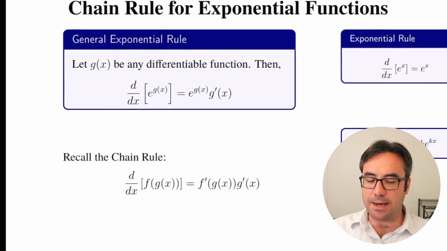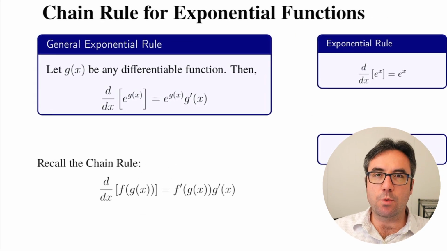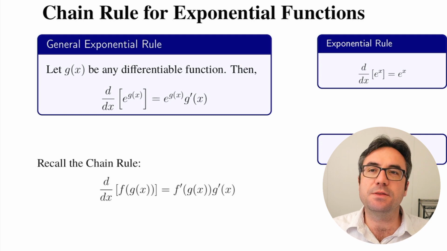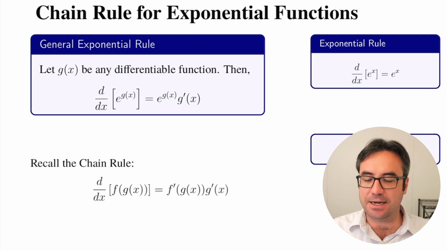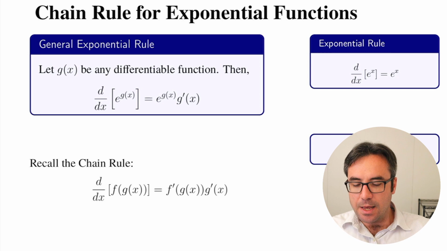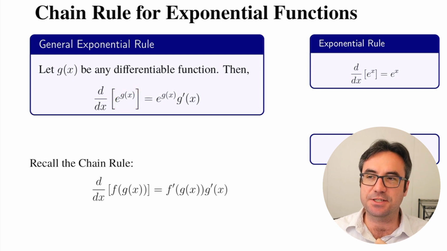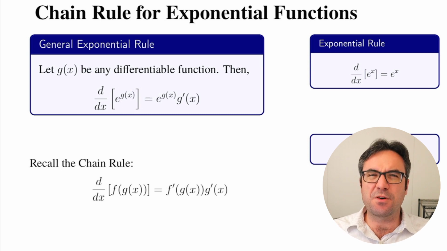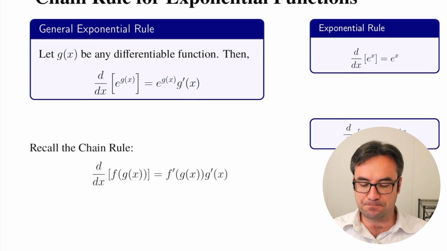All right, so let's pop back up. When we look at more general exponential functions, there are more terms in the exponent. It's not just an x up there. When we look at a function like e raised to the g of x, let's think about what the different parts of the function are.